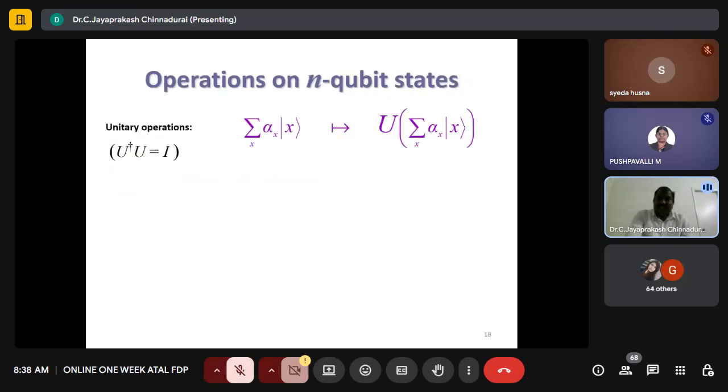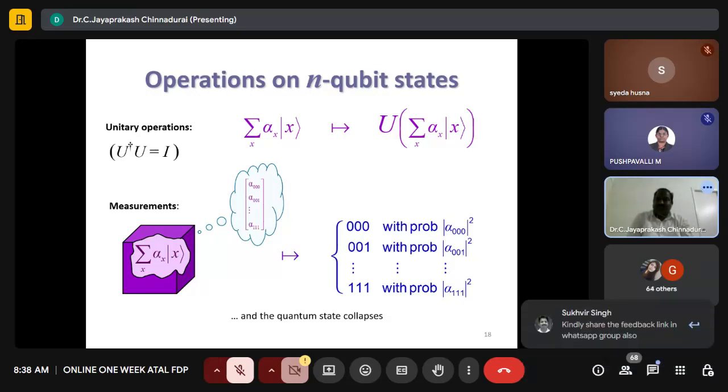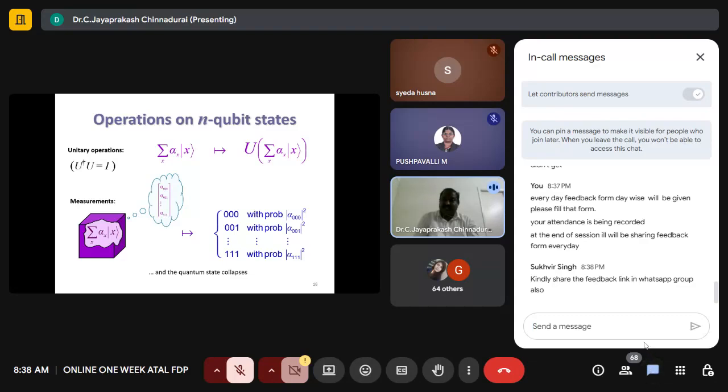And operations on n qubit states. See this, sum of alpha x, ket of x, will give the values. Unitary operations U on the sum over x of alpha x ket of x. So that is the output. So what is the output for the previous input? For 3 qubits we are having inputs 0 0 0 and so on. So what is the output?